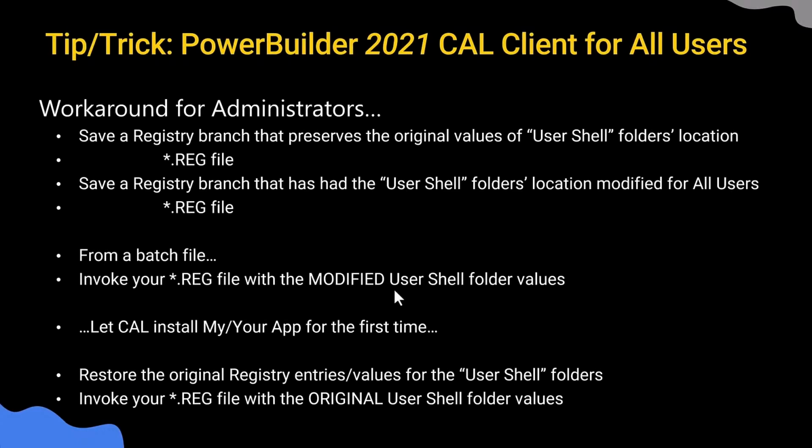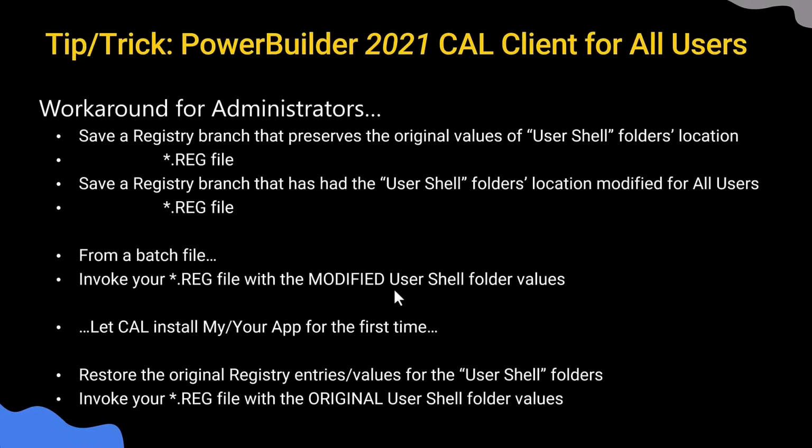And then from the batch file, I invoked the reg file with the modified values for the actual desired target, let my Cal install the application for the first time, and then I invoked the original reg file branch to restore those entries for the original user shell folders.